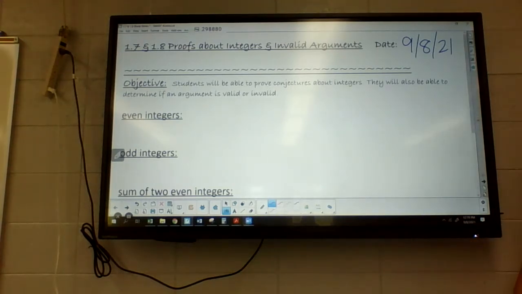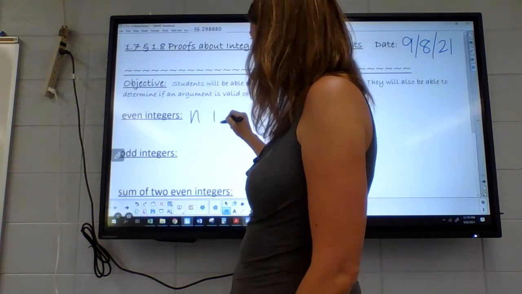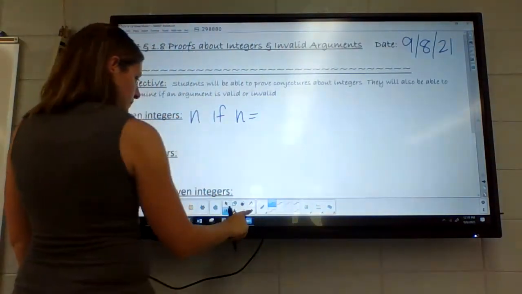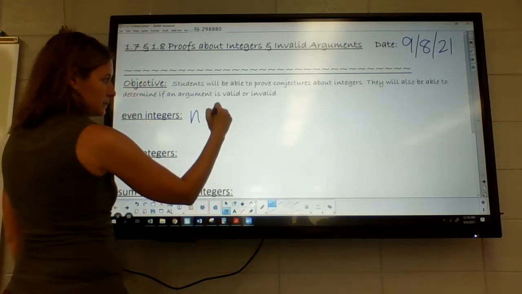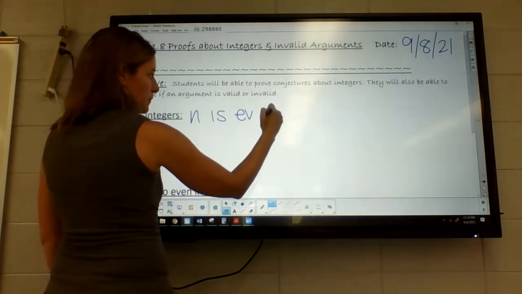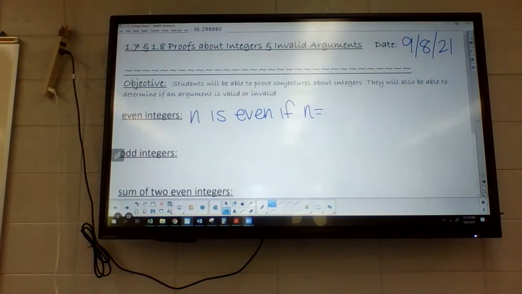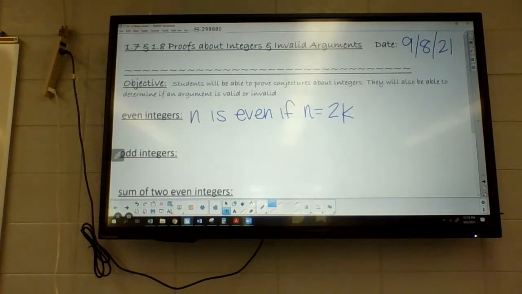And we're going to use some logic along with that as well. So if I'm trying to find if something's even, I'm going to call it n. So n is even, I should probably say that. So n is even if n equals 2k.